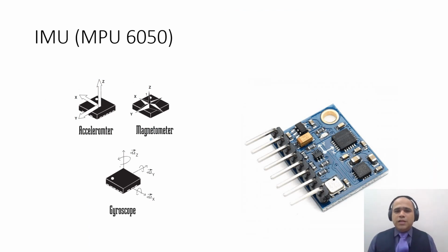An IMU basically gives all three readings. The accelerometer gives motion in x and y. The gyroscope gives motion in x, y, z in a rotational fashion, that is, how many degrees. We call it yaw and pitch. And the magnetometer acts as a compass.